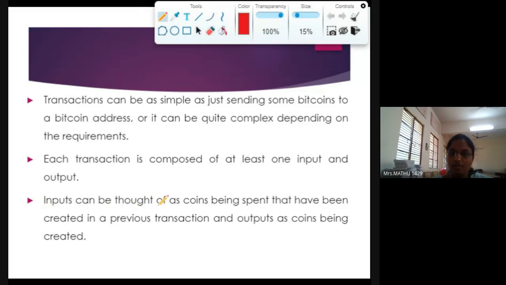Input can be thought of as coins being spent, the amount that is debited from your Bitcoin account. How you got this input is that you would have received it in a previous transaction from someone else, or it may have been created. If you are a mining node and you have validated a particular block, then as a reward you would have got a Bitcoin value.